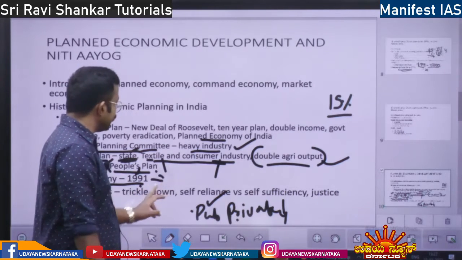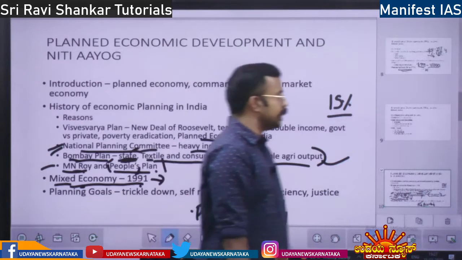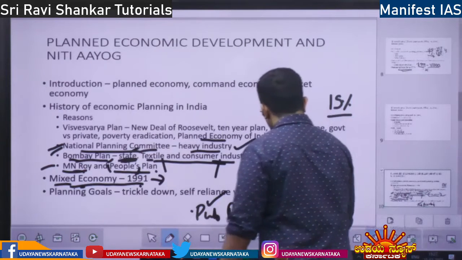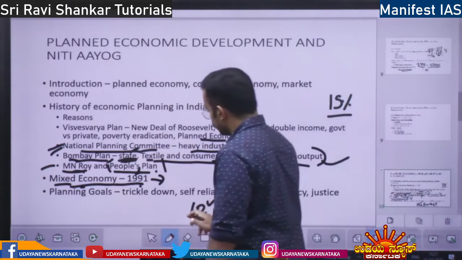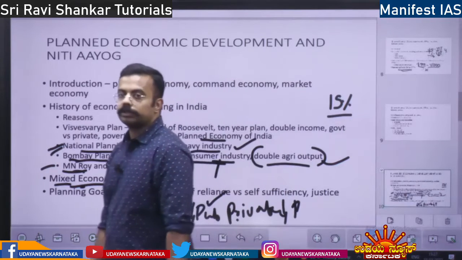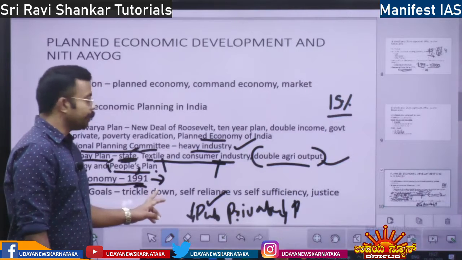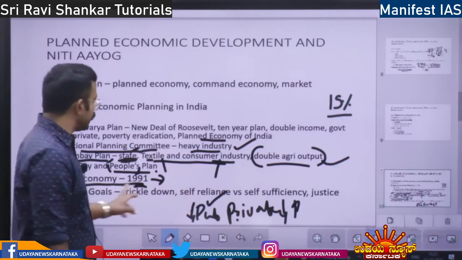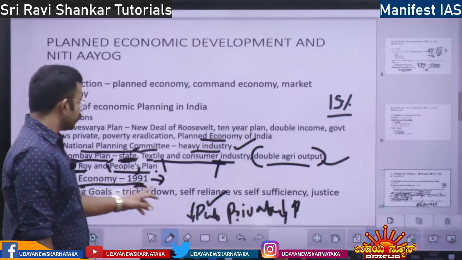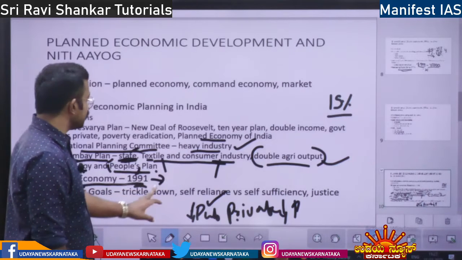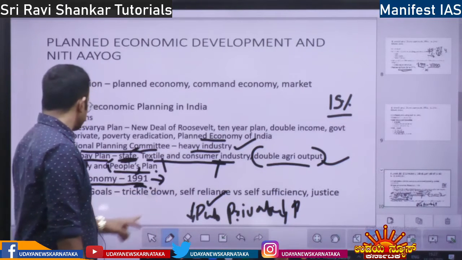But post 1991, private sector increases, public sector decreases. Post 1991 is the year of liberalization, privatization and globalization. I am going to discuss it. So avaga private sector increases, public sector decreases, right?